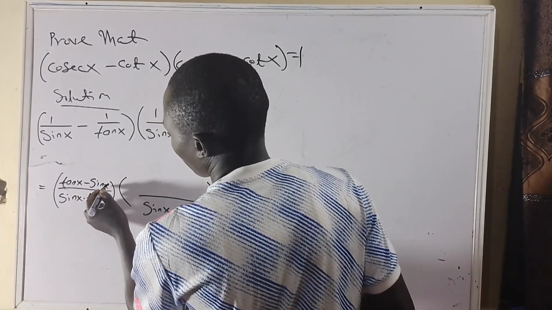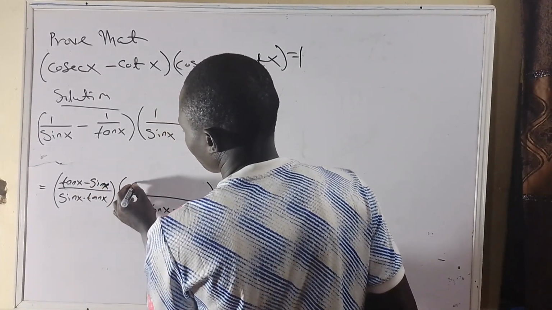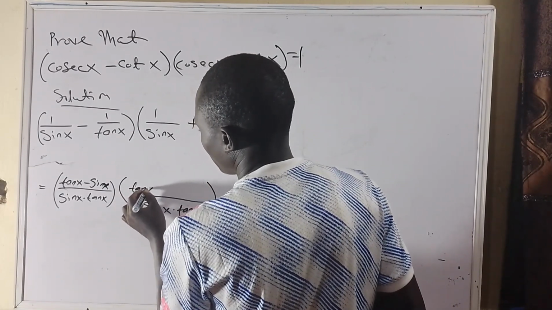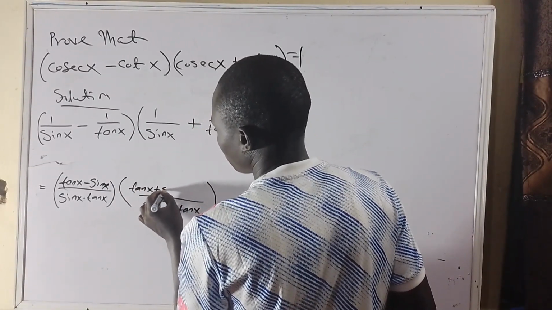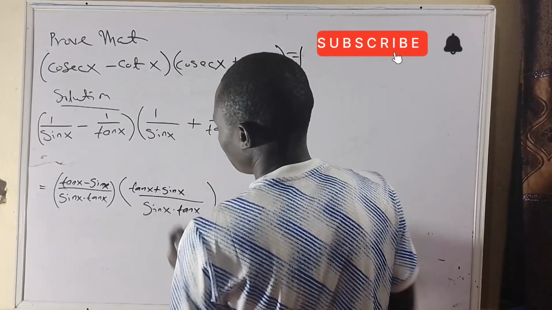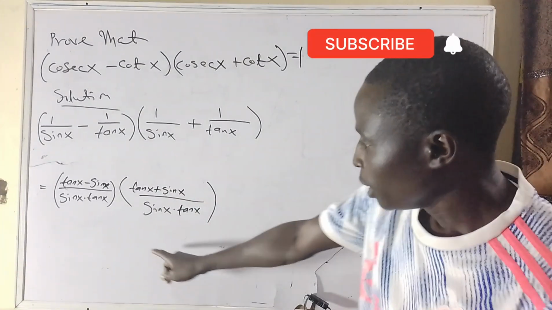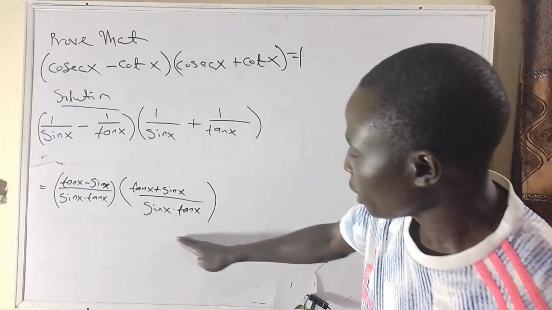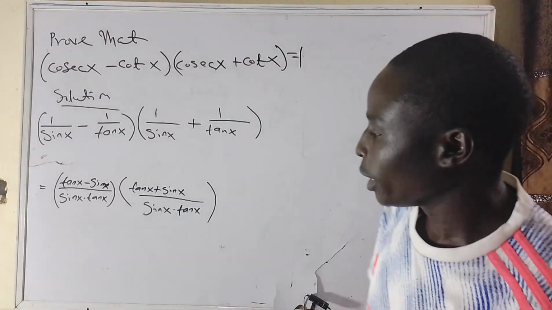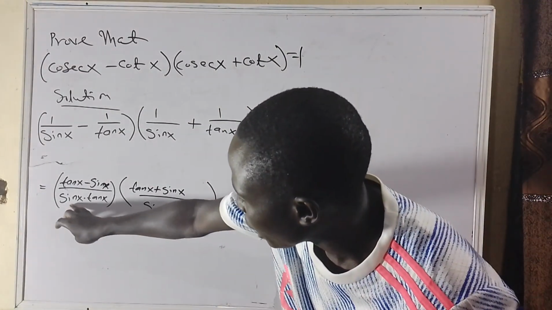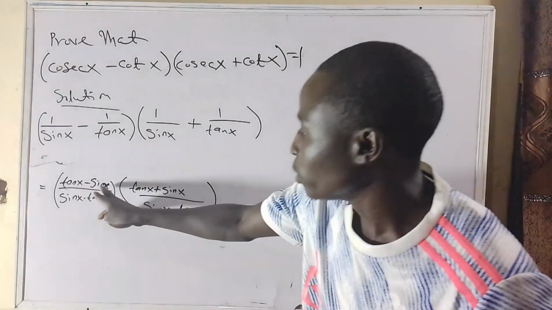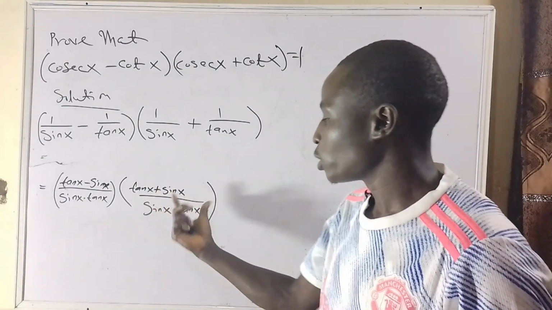So also the second bracket, I will have tan x plus, this time around, sin x. So in the two brackets, I have sin x tan x in the denominator; the first is tan x minus sin x, and the second one is tan x plus sin x.